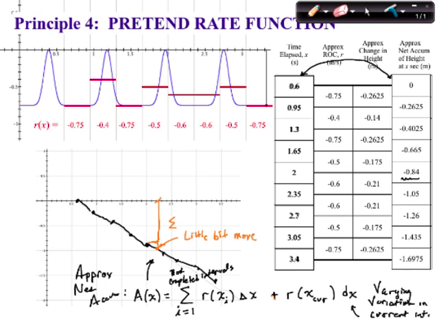And however far I've gone into that interval, I'm going to call it dx. That dx will vary in each interval from 0 to delta x, and then start over and vary from 0 to delta x as I go through each interval. So this is a structure for the net accumulation function when we're using these pretend rate functions made of steps.